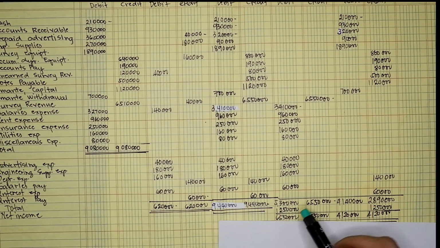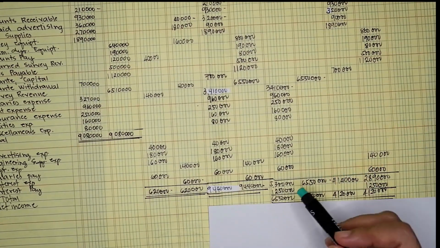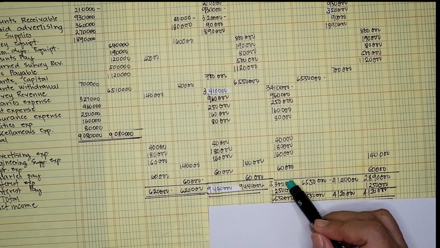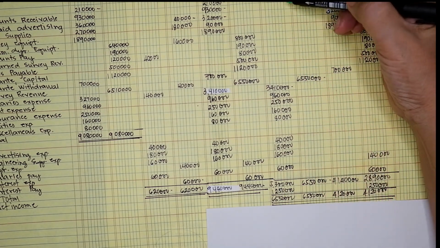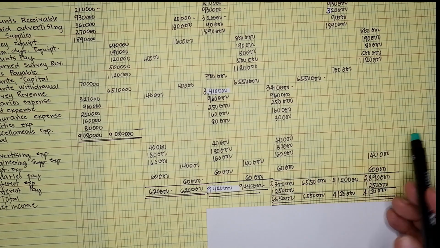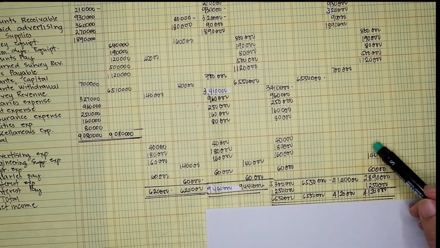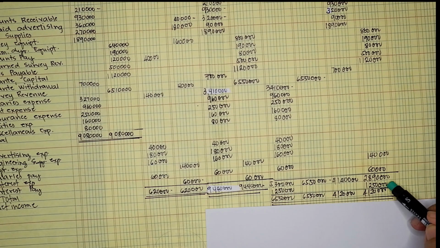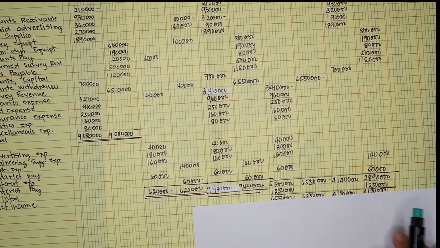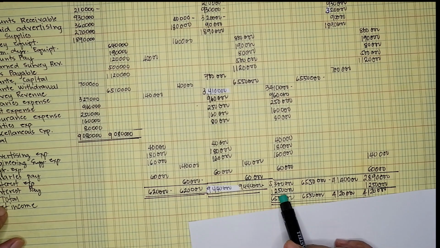You have to write the difference of the two columns on the smaller amount column. So for the comprehensive income, the smaller amount is the debit side, while for the financial position, the smaller amount is the credit side. In that case, it means that is our net income.